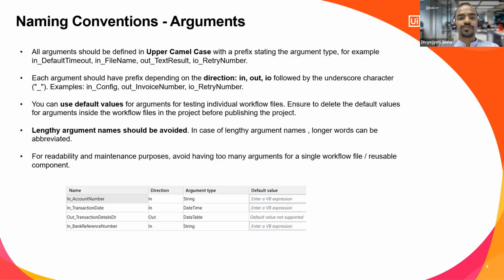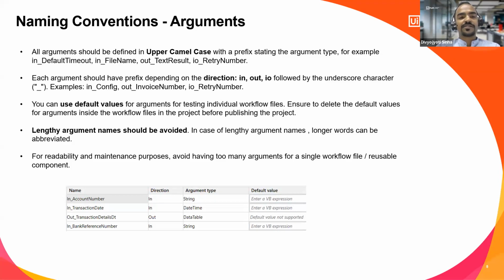But you should make sure that you delete those default values before publishing the project, because in a real-life project, your values should be coming from your runtime parameters only, right? And not hard coded inside your arguments panel in your automation workflow.